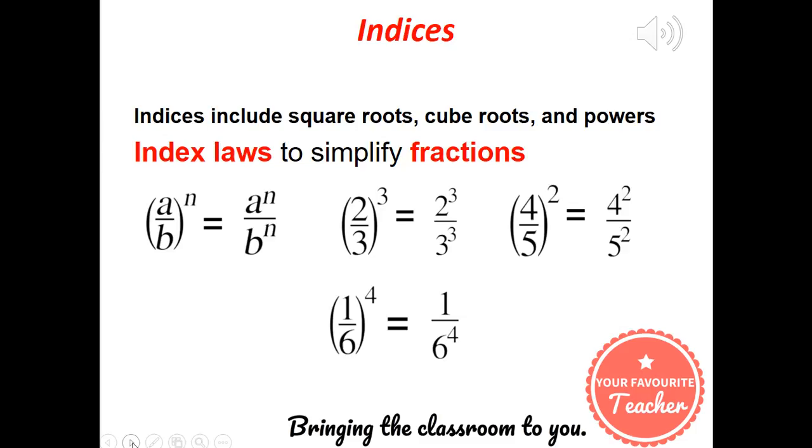And this now is, say, 1 over 6 to the power 4. That's the same thing as 1 over 6 to the power 4. But notice that I don't write that 1 as 1 to the power 4. I just say it's 1 because 1 to the power 4 is 1. So that's if we had a fraction and we raised that fraction to a power.